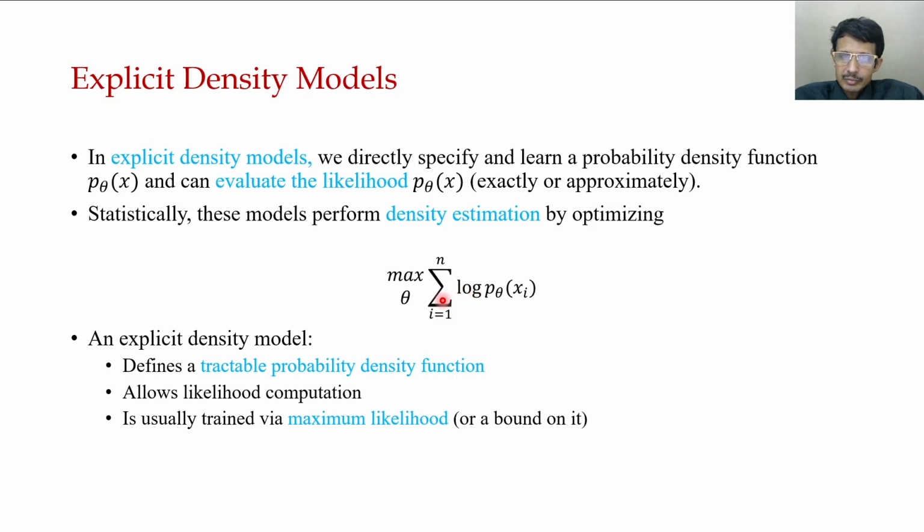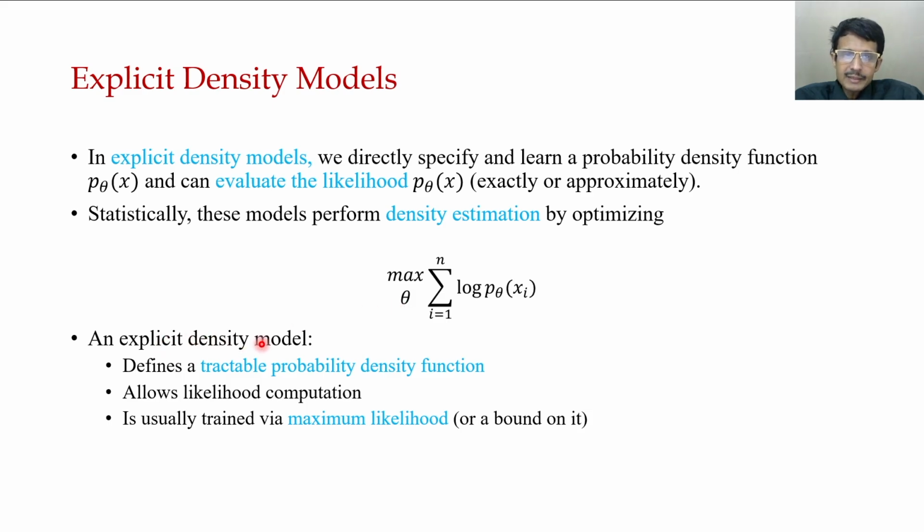Since it is a log, it becomes an additive thing. We choose theta such that we can maximize the summation from i equal to 1 to n, n being the number of samples, of log p theta of these instances or samples.